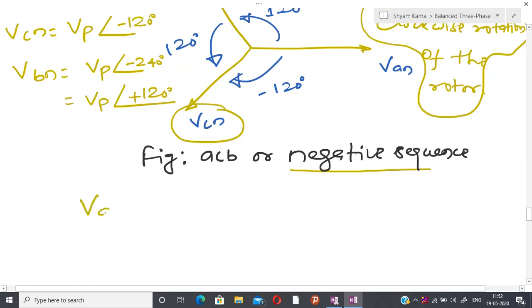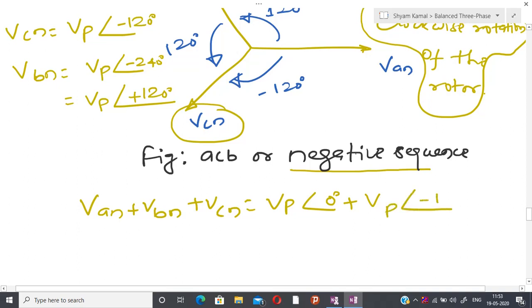So now I have VAN plus VBN plus VCN, and that is VP at 0 degree plus VP at minus 120 degree plus VP at plus 120 degree.